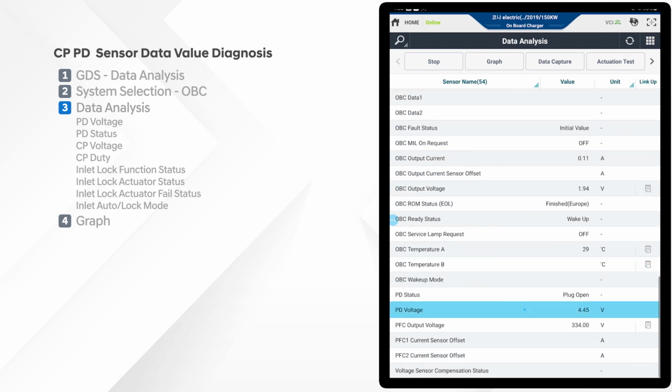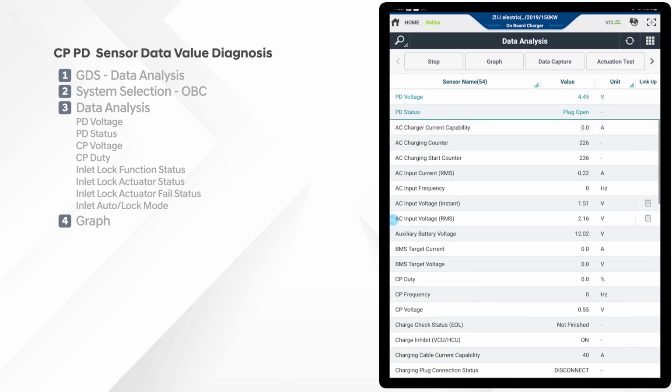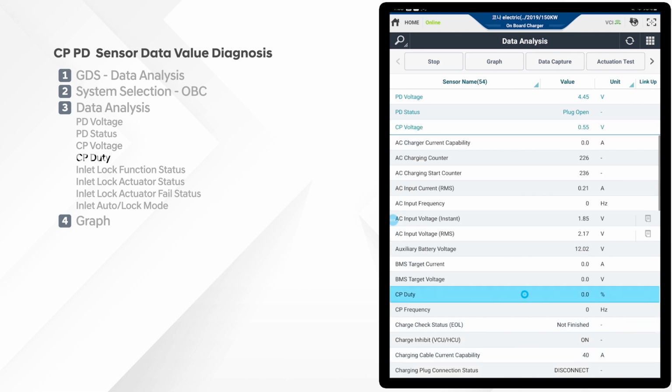From current data, select PD voltage and PD status. Then select CP voltage and CP duty.